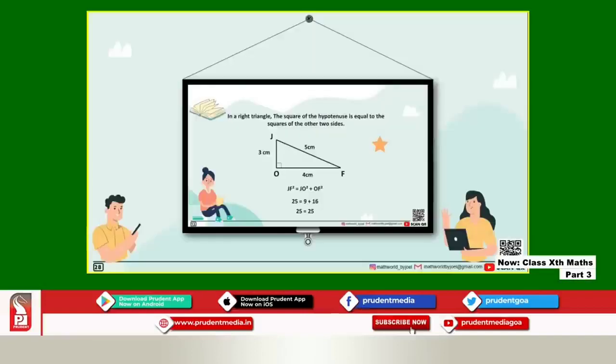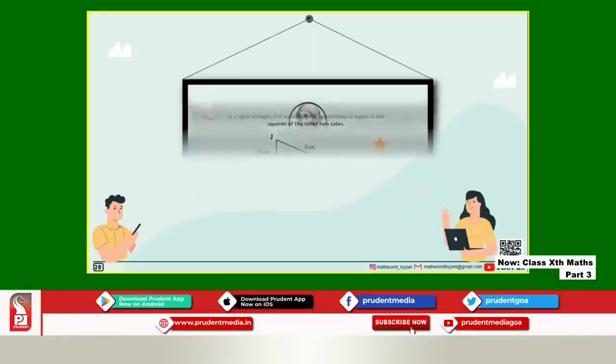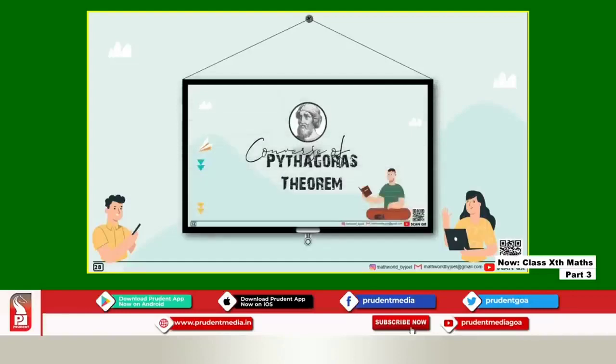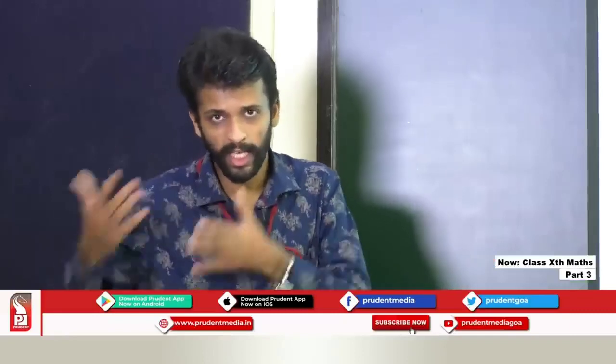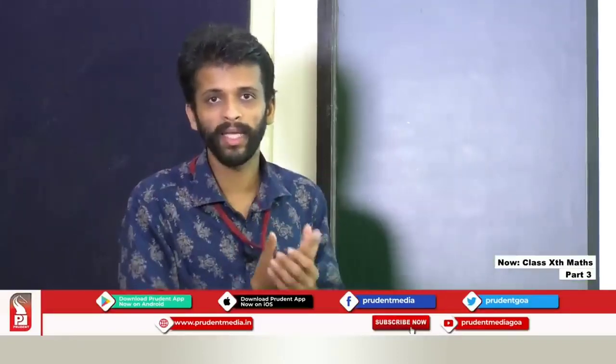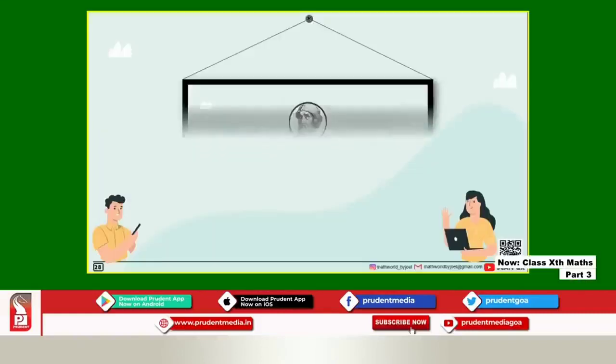I told you how to locate the hypotenuse as well. We learned the converse of the Pythagoras Theorem, where if the condition of the Pythagoras Theorem holds, that the square of the hypotenuse is equal to the sum of the squares of the other two sides, then automatically the angle becomes a right angle.